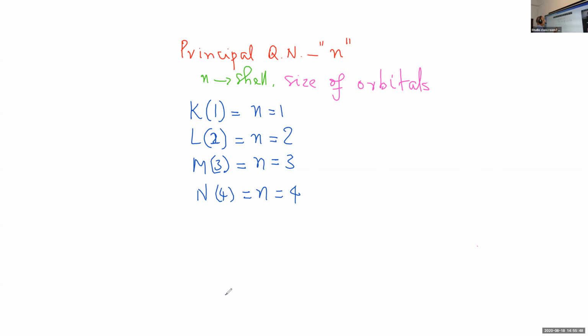L shell, n is equal to 2. Then M shell, n is equal to 3. N shell, n is equal to 4. O, the fifth one, so n is equal to 5, etc. So the principal quantum number represents the shell or the orbit.